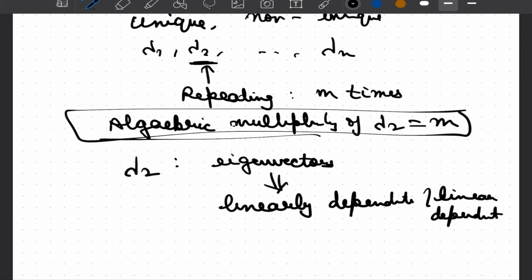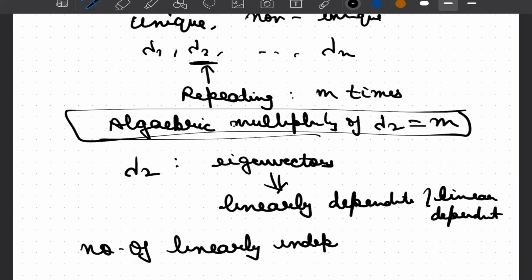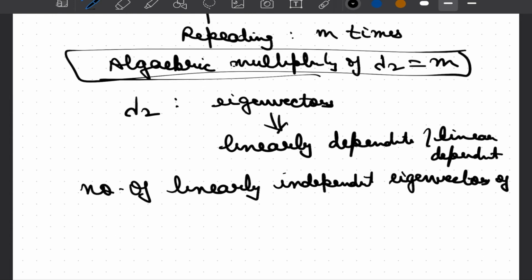So we define geometric multiplicity as the number of linearly independent eigenvectors of a particular lambda 2.